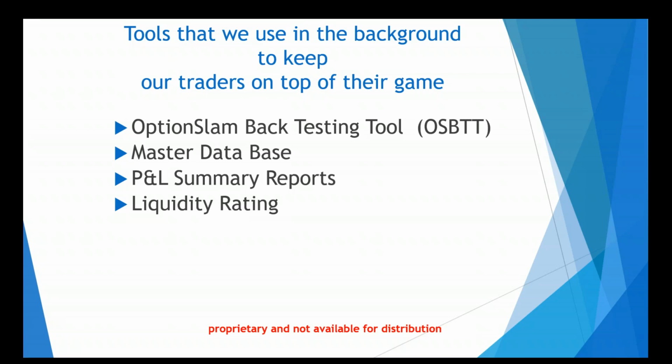We're looking at quite a few different metrics: option volume, option open interest, bid-ask spread in relationship to the price of the underlying stock, and quite a few other factors in developing our liquidity rating of our stock. So you'll see in our management statistics tool, the actual liquidity rating is provided to our traders.